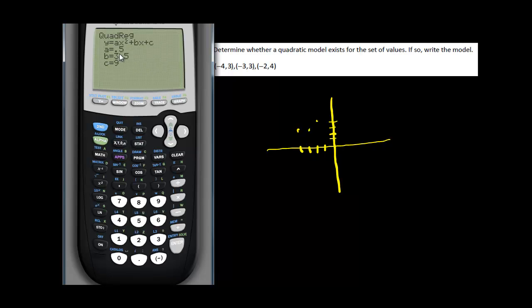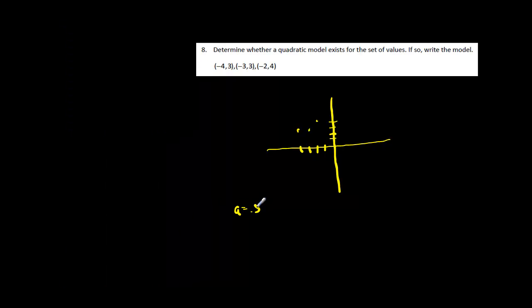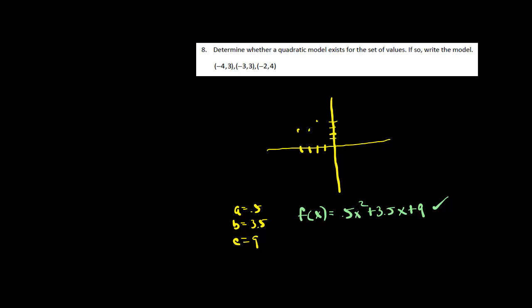So 0.5, 3.5, and 9. So our function is going to be f of x equals 0.5x squared plus 3.5x plus 9. And that's your function.